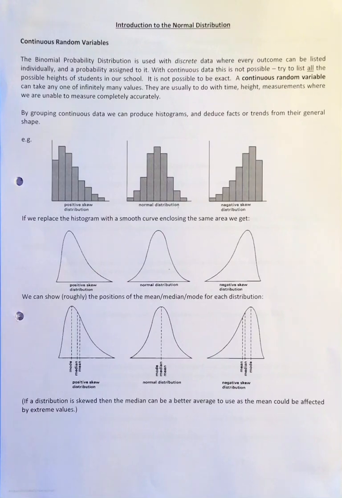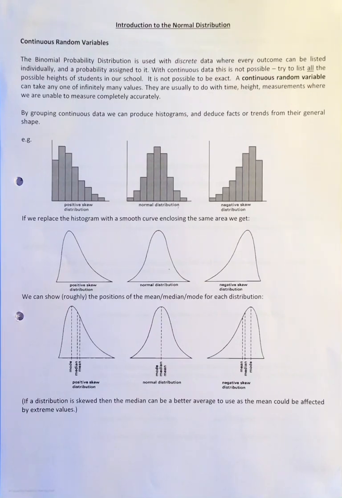With the normal distribution, we're going to be looking at continuous data, so for things like height and time, where you can't measure them absolutely accurately, we cannot get them exact, and there is an infinite list of possible outcomes, so we can't write down the list of possible measurements.